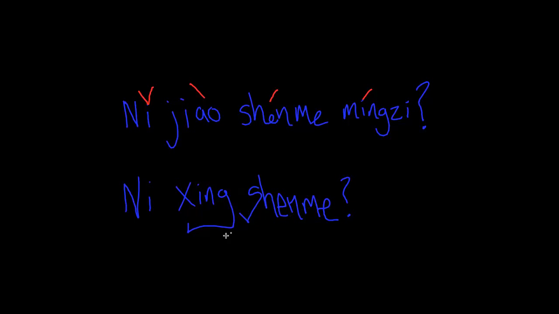All right, the next question. What's your surname? 你 is also third tone. 你姓什么? 你姓什么? Good. 你姓什么? All right, so there's two examples.